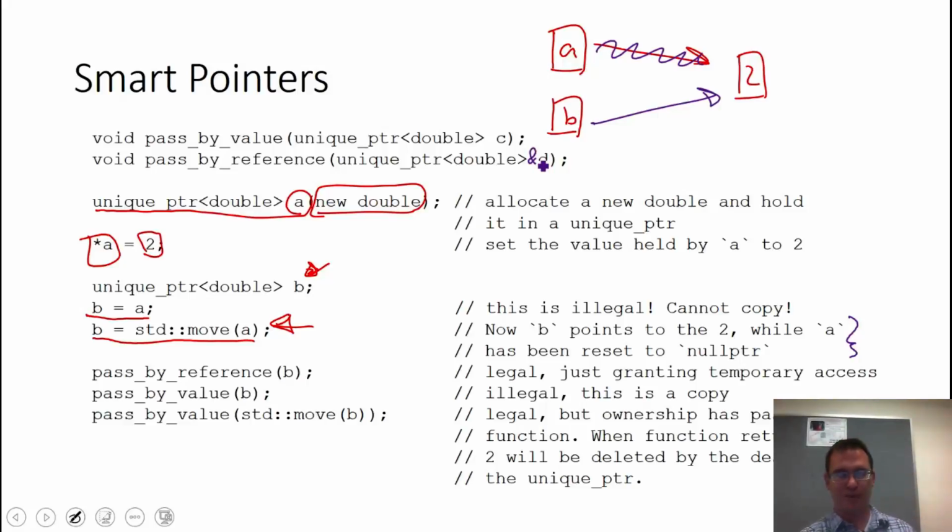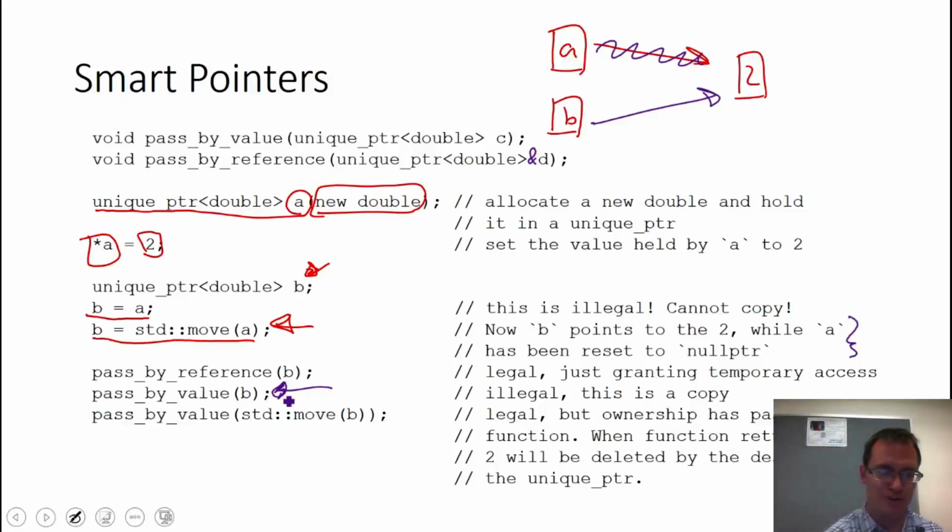So we can pass B by reference there, which is fine. This just grants temporary access, just like any other reference. However, if we wanted to pass by value, we can't do that, because that invokes the copy constructor. We would have to copy the unique pointer into the function.